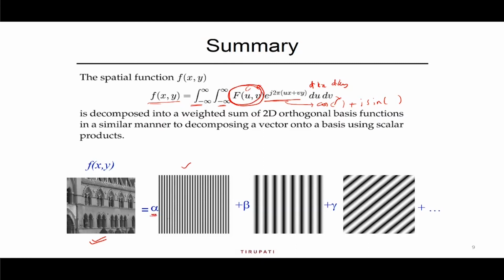So alpha times this waveform, plus beta times this waveform, plus gamma times this one. For the horizontal direction, for example, you are reducing the frequency, that would give you this, and then having both kx and ky, you would get it with some orientation. So it is a linear combination of all of these rotated and varying frequency images of two-dimensional sinusoids. You could think of f of xy in this manner.